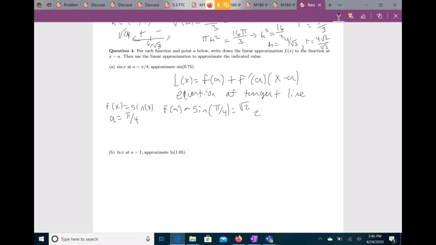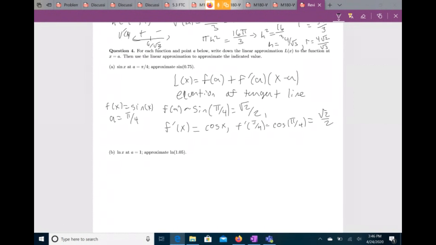Good. Okay, I also need to take the derivative of f. So what's the derivative of sine? Good, cosine. And then I need to evaluate it at a. So I need to know what f prime of pi over 4 is, or cosine of pi over 4. And this is just root 2 over 2 as well, right? Good, good.